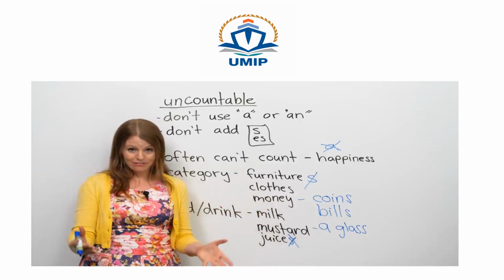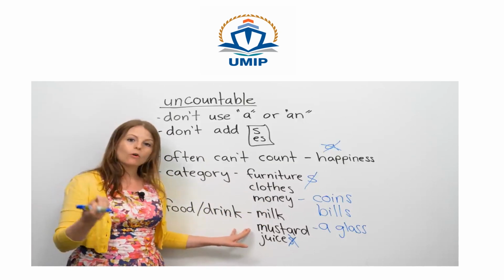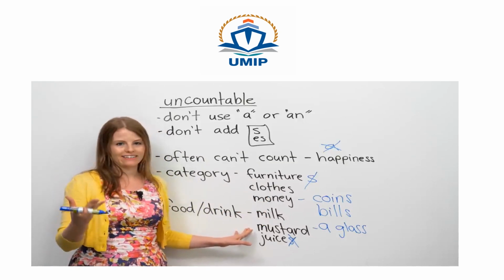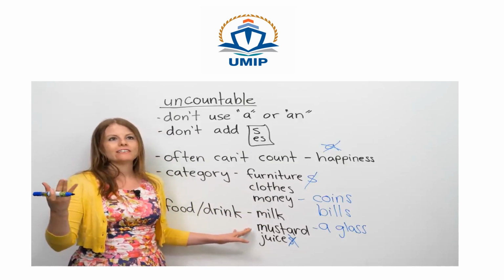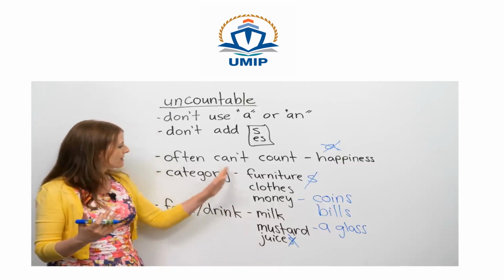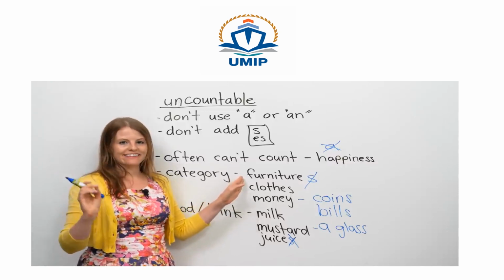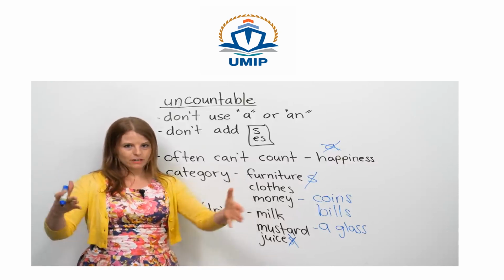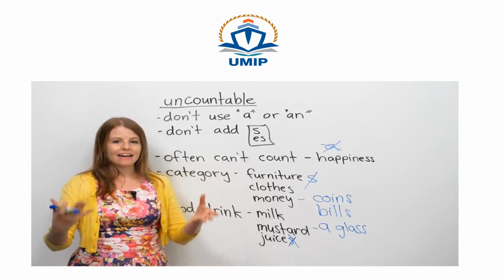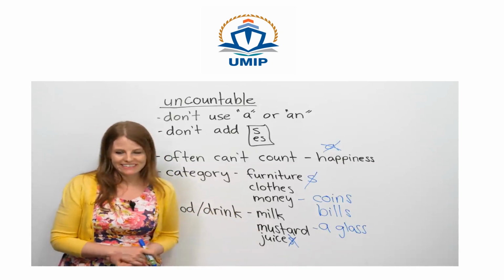No, we can't count this, so we always keep it the same. Or we can add a container or a quantity. I have 5 bottles of mustard. And it's the same with these words too. I have 10 pieces of furniture. So we can put a quantity in front, but the actual word itself is an uncountable noun. So let's look at more examples of this.